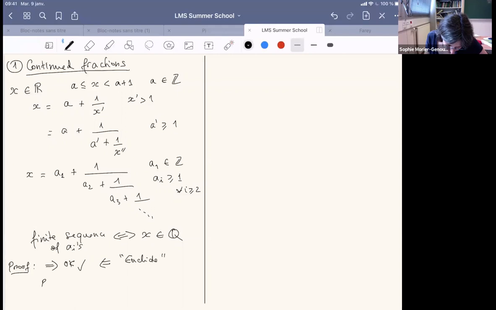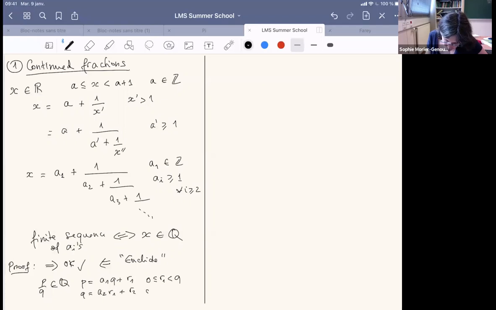If you start with a rational number P over Q, you can start writing P as a1 Q plus some remainder R1. R1 will be positive and smaller than Q. And then you can make the division between Q and R1 and write Q as a2 R1 plus R2.